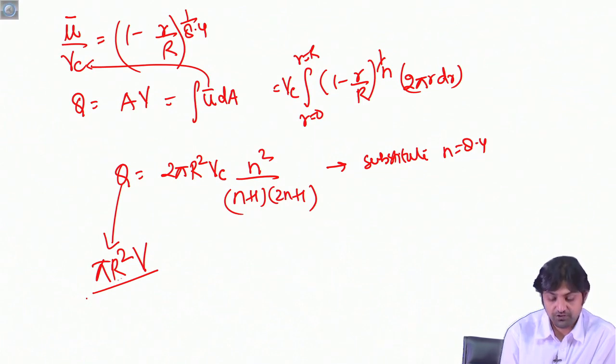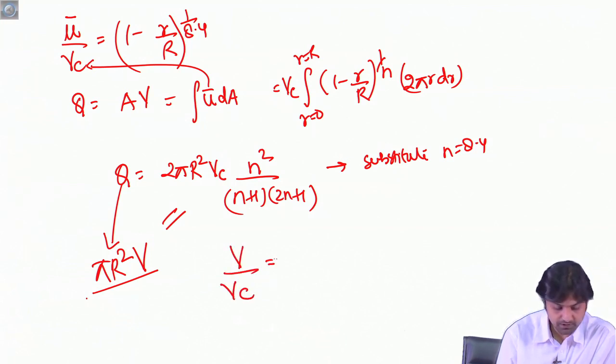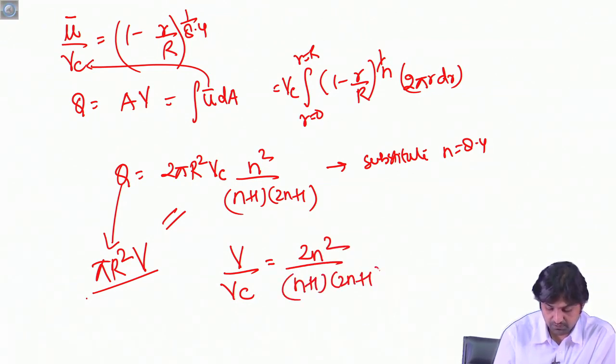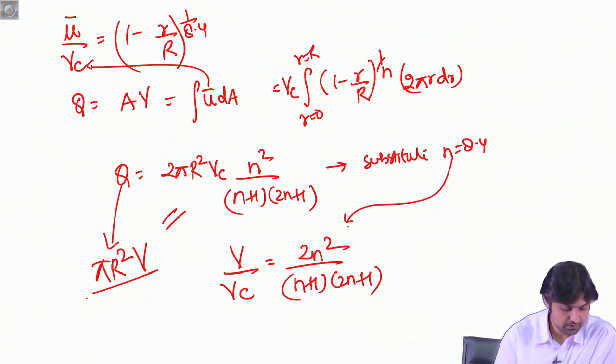Because this is also equal to Q. So if we equate both of those, we get V by Vc is equal to 2n squared divided by (n plus 1) into (2n plus 1), and we substitute the value here.